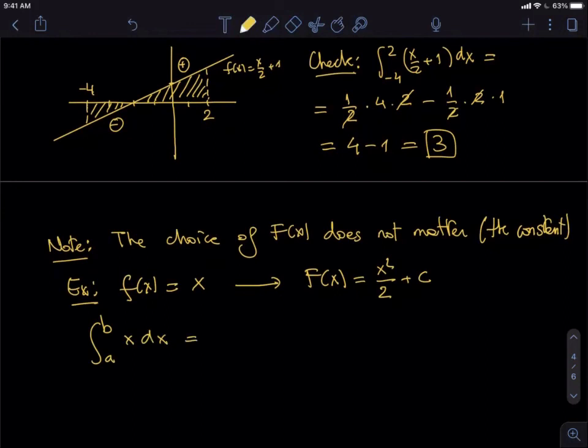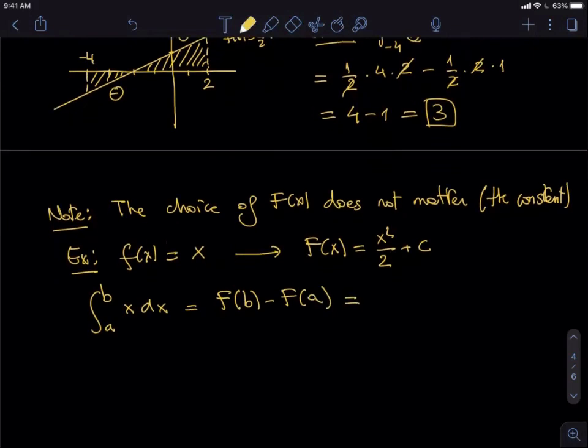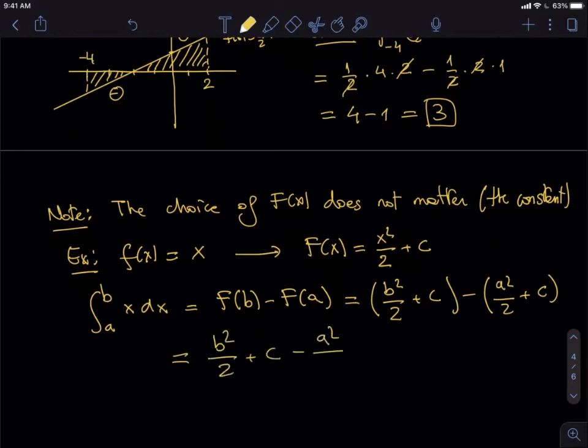That will be the antiderivative at b minus the antiderivative at a. So we get b squared over 2 plus c, just evaluating, minus a squared over 2 plus c, sorry, minus c.